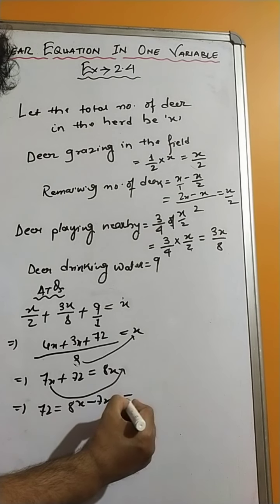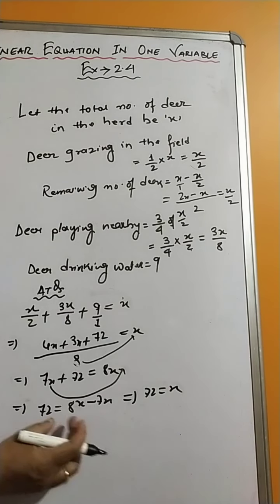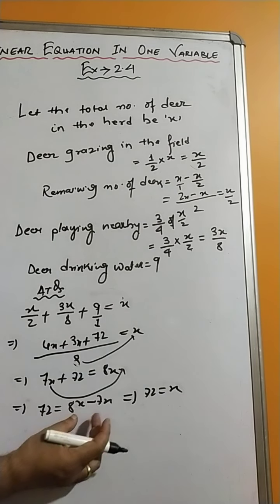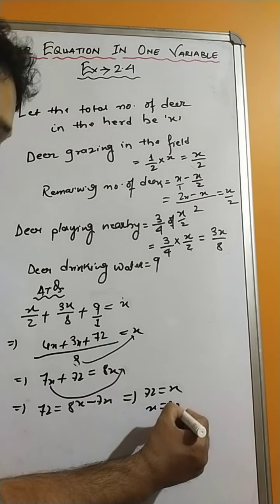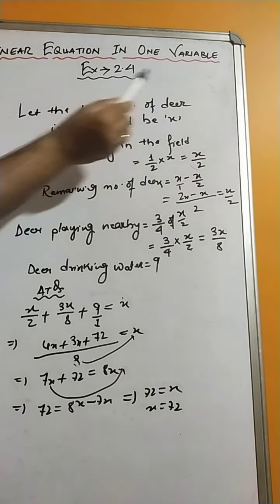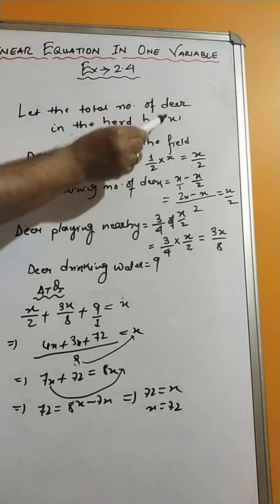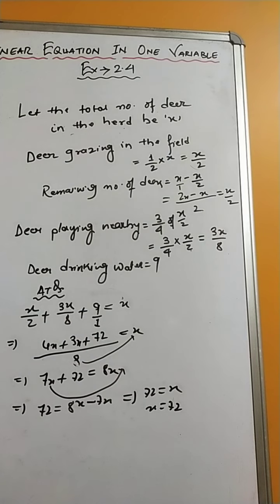That is 72 equals x, because 8x minus 7x is x. So the value of x is 72. X is the total number of deer in the herd, so there were 72 deer in the herd.